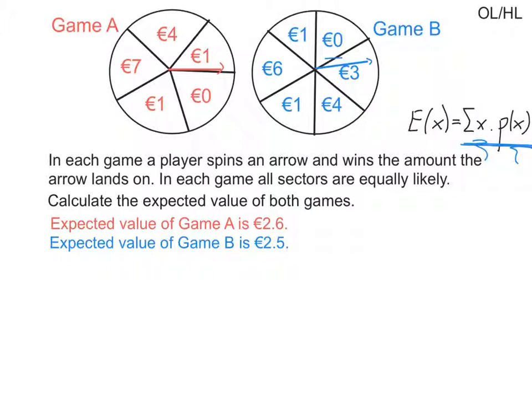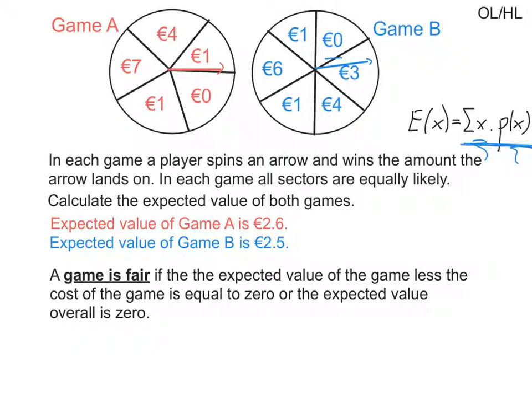As the expected value or long run average of the games is below the cost of the games, in this case €2.6 and €2.5 are below €3, we should not play either game. In the long run, as these games cost €3, we would expect to lose money overall. If the cost of the games were only €2, we should play the games because the expected value is greater than the cost of the games.